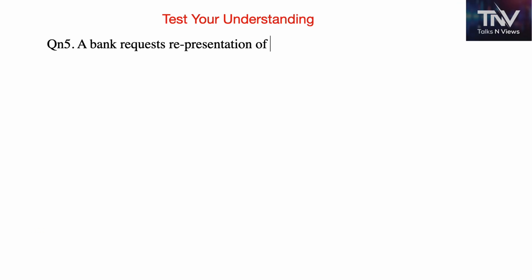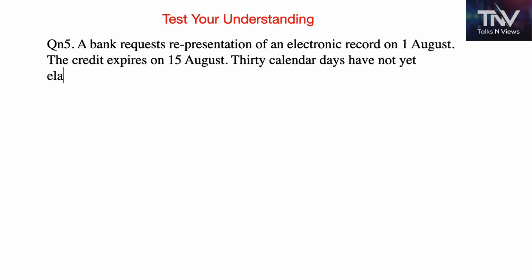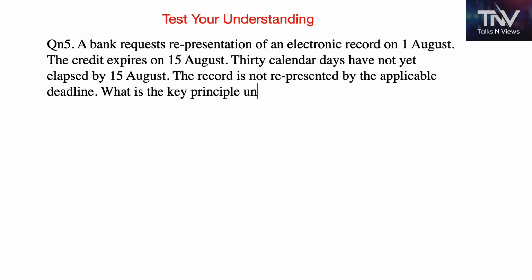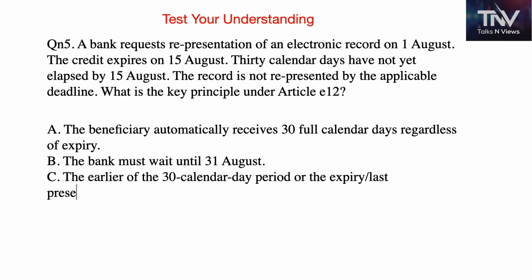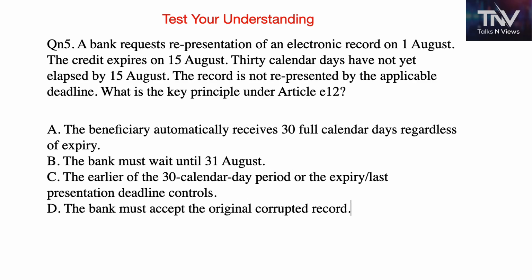Question 5. A bank requests representation of an electronic record on August 1st. The credit expires on August 15th. 30 calendar days have not yet elapsed by August 15th. The record is not represented by the applicable deadline. What is the key principle under Article E12?